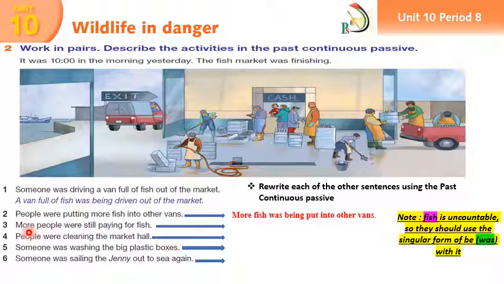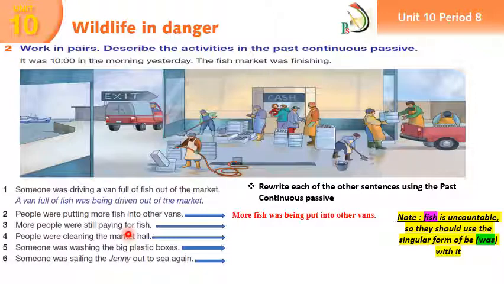Exercise 3: More people were still paying for fish. Try to answer. I'm waiting for you.